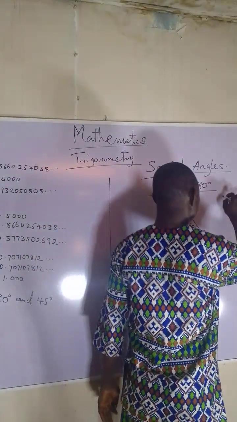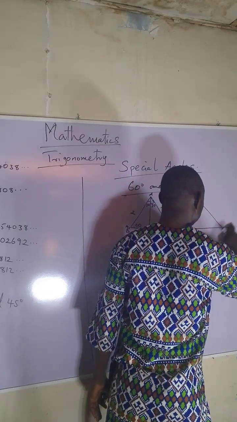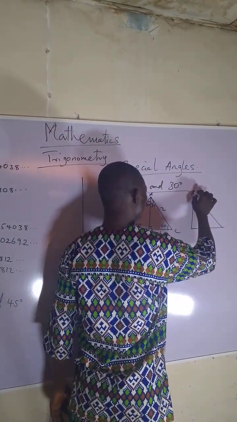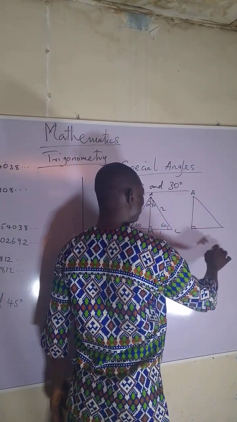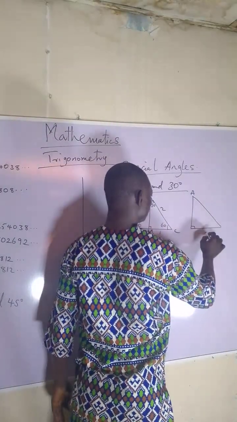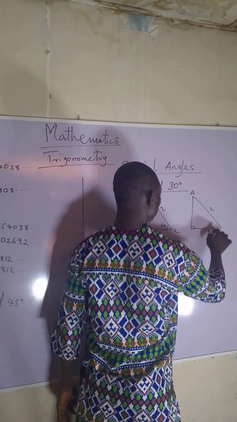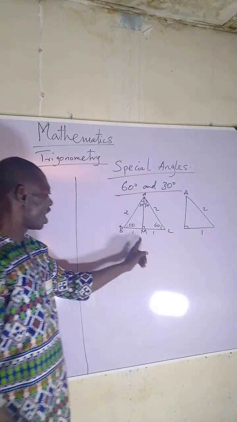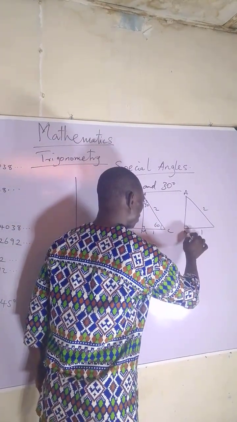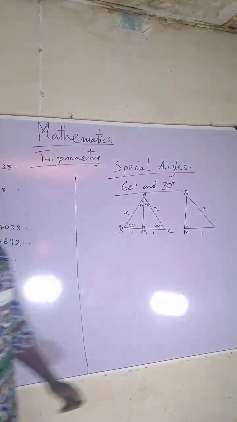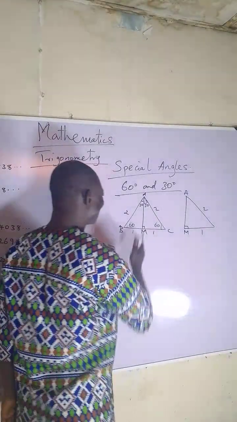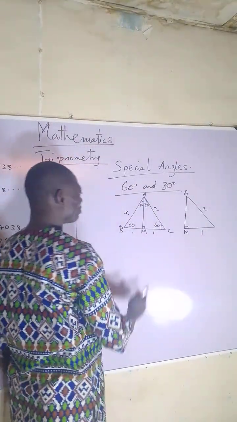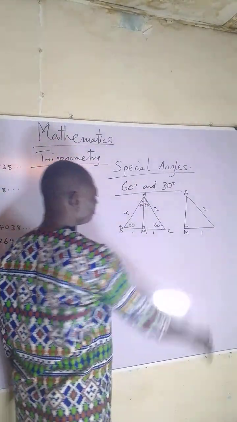That means we can produce another diagram that looks like this, where this is A, the right angle here, this is 2, and this is 1. Let us find what AM is in the small triangle there. Imagine that this triangle is just part of triangle ABC.